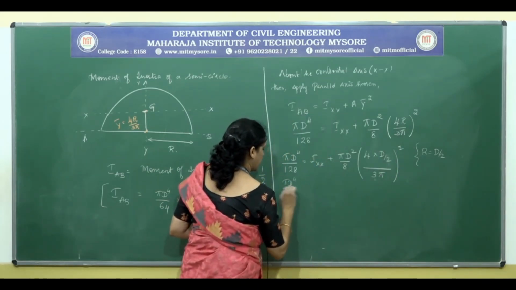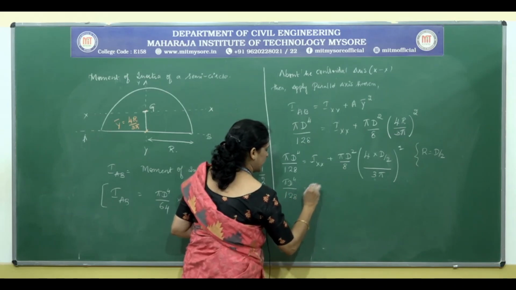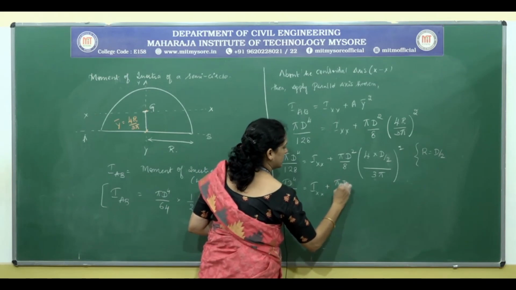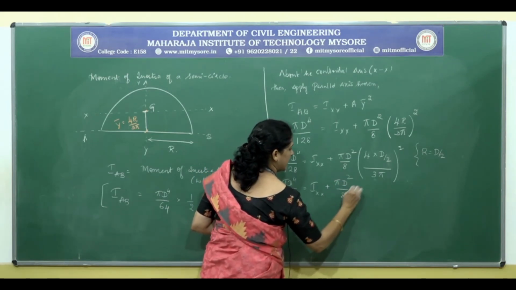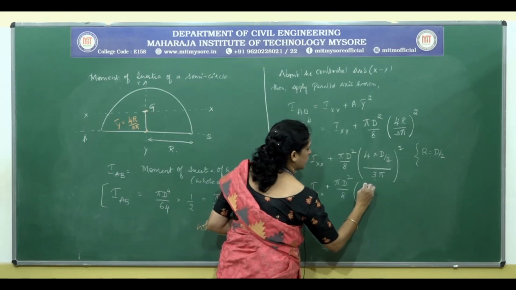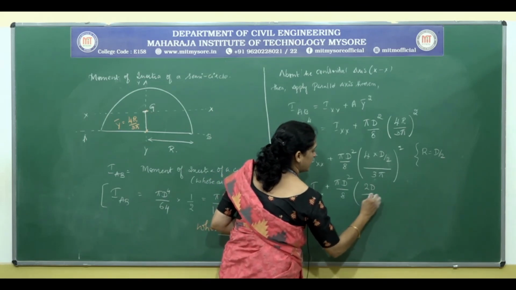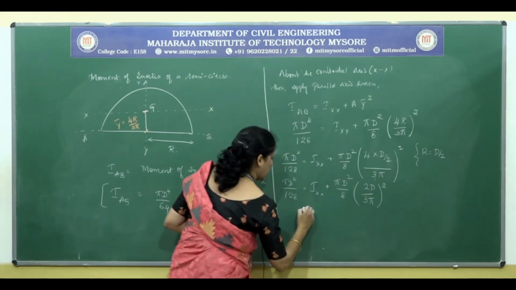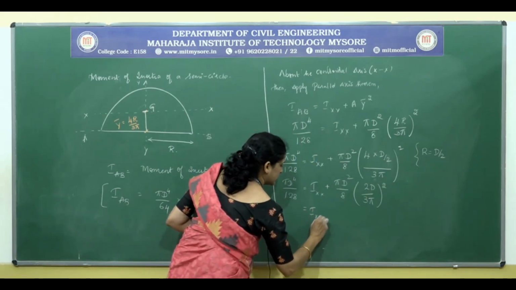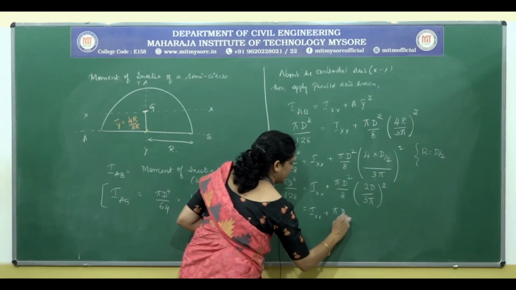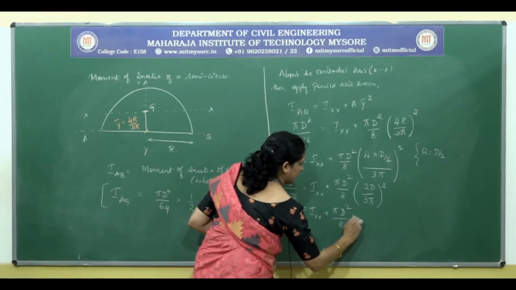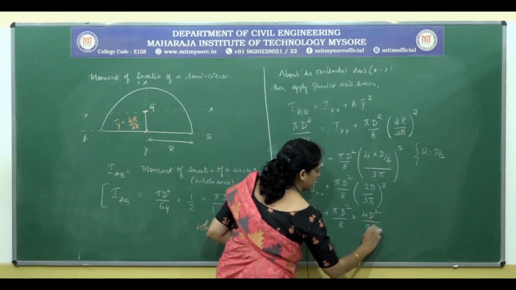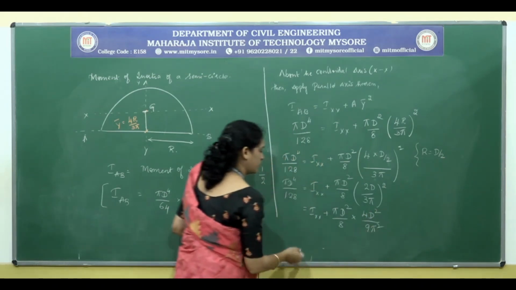Therefore, pi d to the power of 4 by 128 is IXX plus pi d square by 8 into 2d by 3 pi whole square, or IXX plus pi d square by 8 into 4d square by 9 pi square.